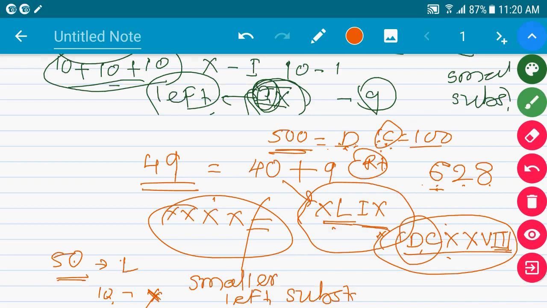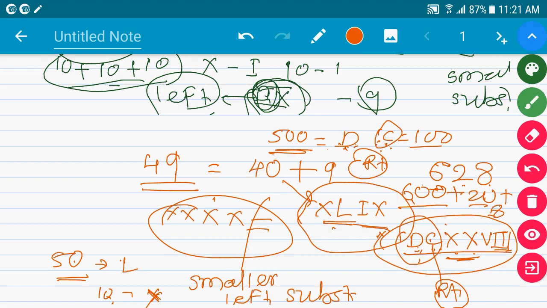DC represents 600, XX represents 20. You can write the number in expanded form as 600 plus 20 plus 8 and then write for each number. 600 means DC because we have to add them, so the smaller number should be at the right.